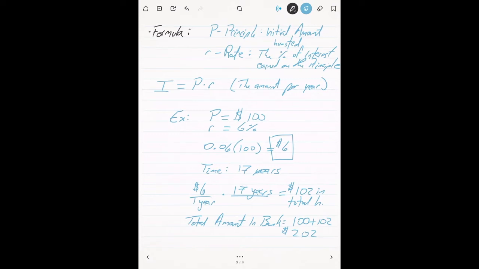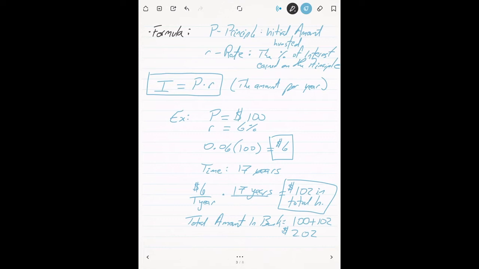So these are the different ways of thinking about simple interest. We first have one formula to figure out what interest is. Let's come up with another formula to find out how much interest would have been earned over the course of many years. In our case, we figured out for 17 years we would have earned $102.